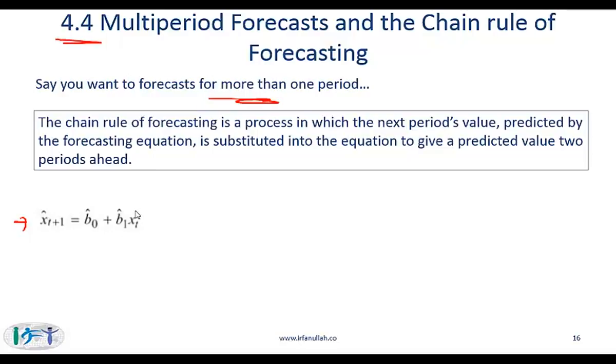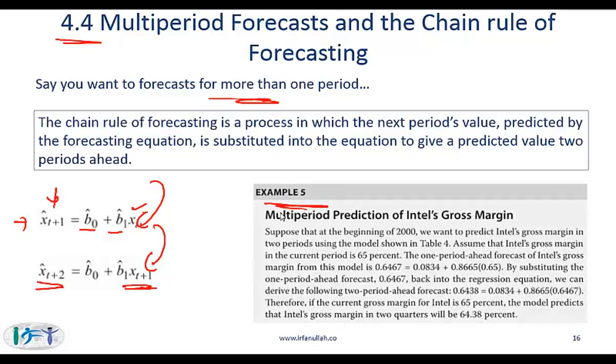If you know x at time t, so if this is known, and you run the regression which gives you b0 and b1, then can you figure out x at t plus 1? That is a forecast. What do you do next? In the same model, you plug in xt plus 1 to get xt plus 2. Fairly straightforward. The fact that you first came up with this and then came up with this makes it look a bit like a chain, and hence this is called a chain rule.